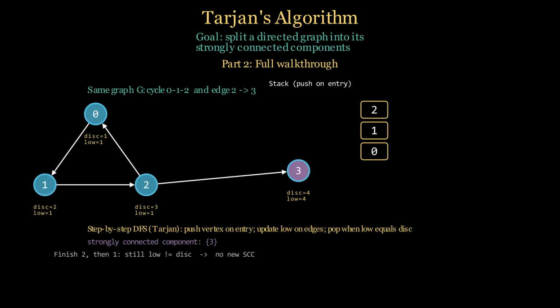When DFS finishes vertex 0, low of 0 equals discovery of 0 at 1. So 0 is the root of the last strongly connected component. Next we pop from the stack in order, 2, then 1, then 0.